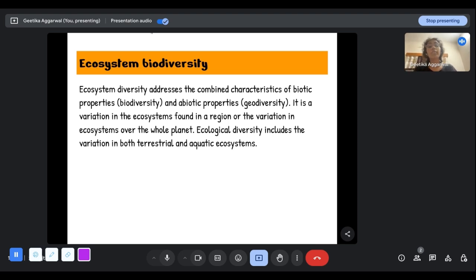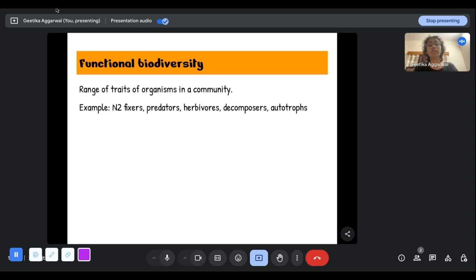So you might be talking about one particular region, for example, in that particular diagram, or I might be talking about the whole planet. And ecological diversity includes variation in both terrestrial and aquatic ecosystems. And you have these different ecosystems like the tundra, the desert, the forests, the grasslands, the savannas, which are grasslands themselves, and the oceans. There are these many different ecosystems present on the face of the earth.